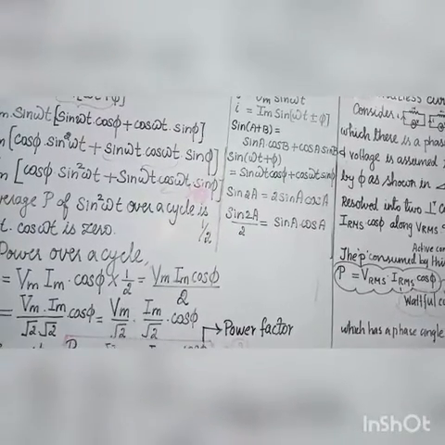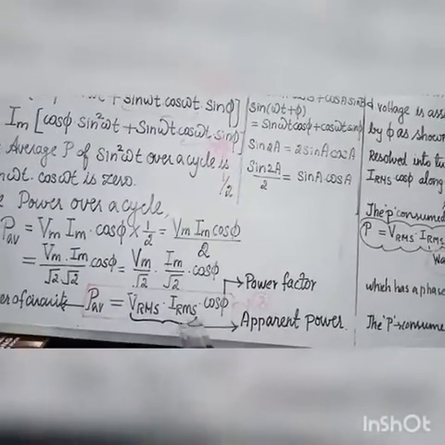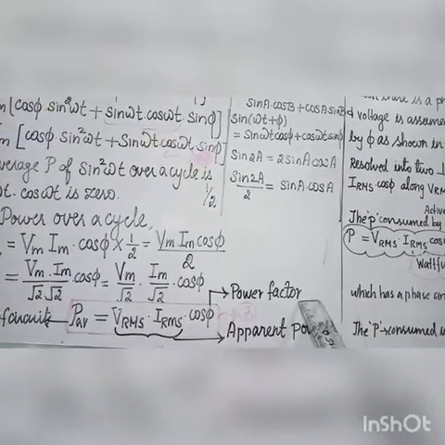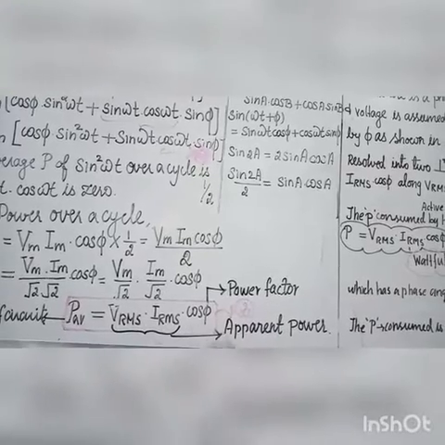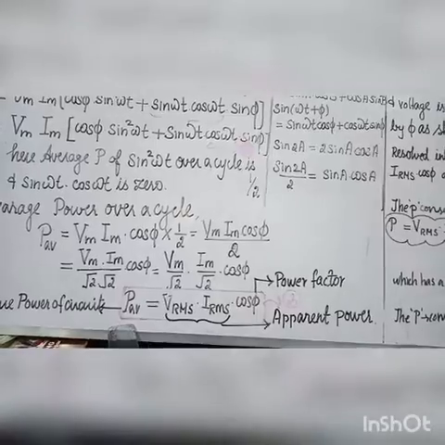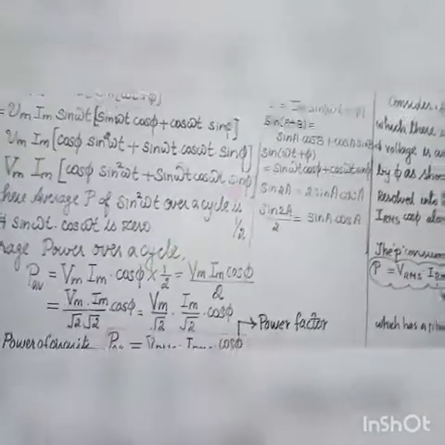These are the RMS values: Vrms and Irms. So P is equal to Vrms Irms cos phi, where cos phi is the power factor. This average power is equal to the true power of the circuit.